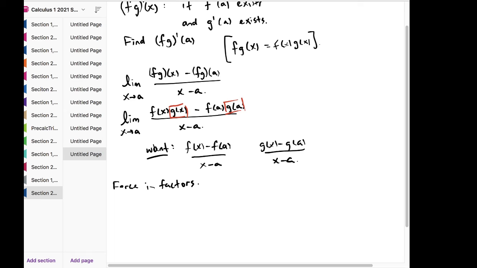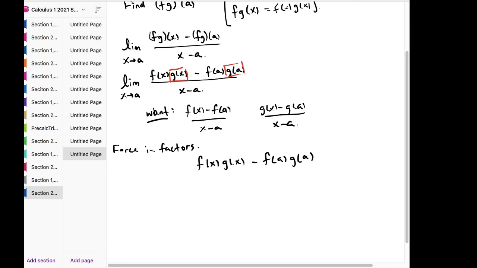So let's think about that. If I have f of x g of x minus f of a g of a, let's do this trick by saying, okay, let's have f of x g of x, and let's add in a term.